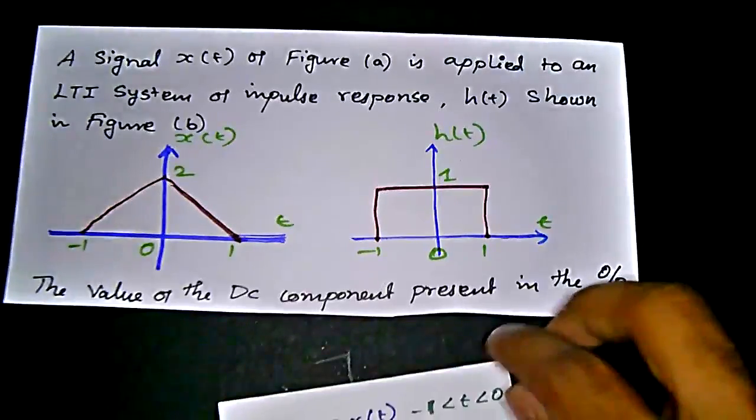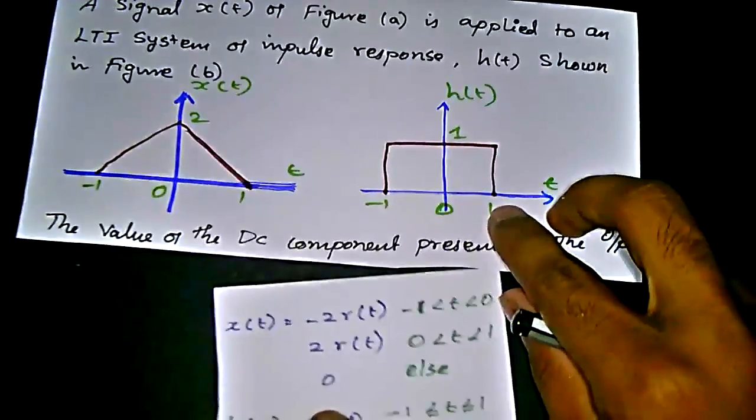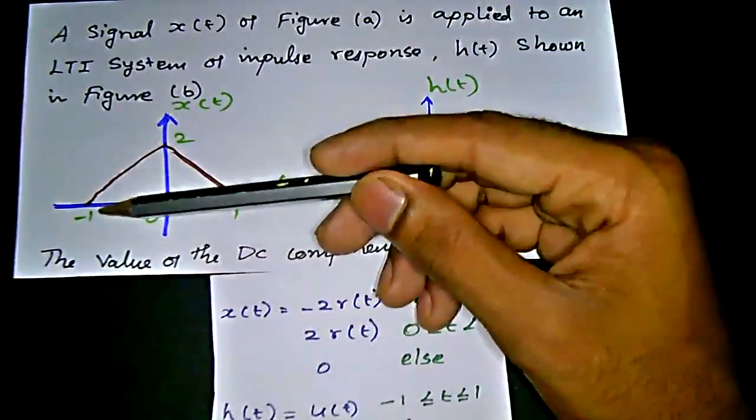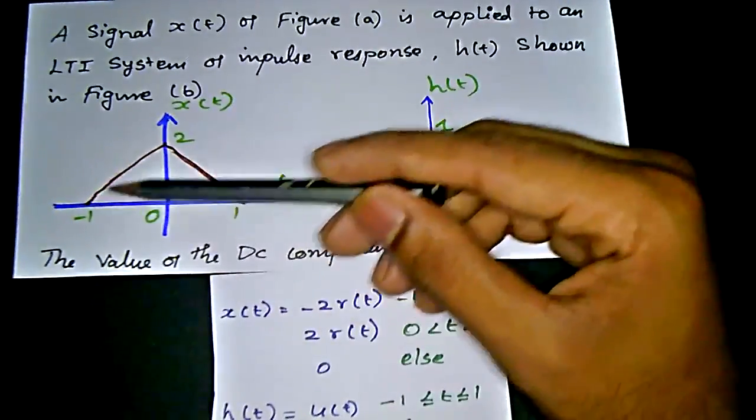From this given problem we can say that x of t, the input signal, is equivalent to minus 2 r of t, where this minus 2 is taken from the slope. This signal is a ramp signal.